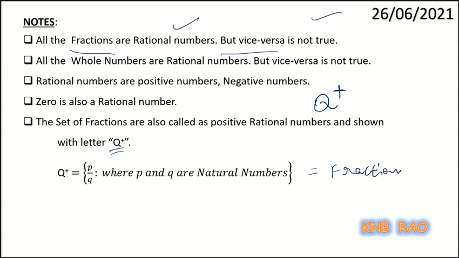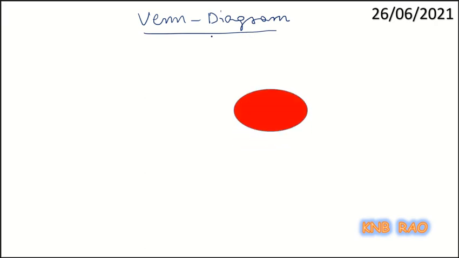Now, moving on to another important representation of these so far learnt numbers in the Venn diagram. Venn diagram of the so far learnt types of numbers. First, here I have taken an oval shape representing natural numbers 1, 2, 3, 4.